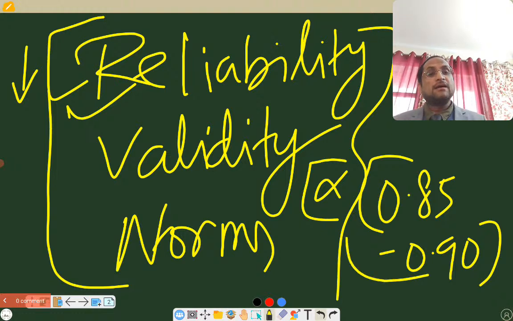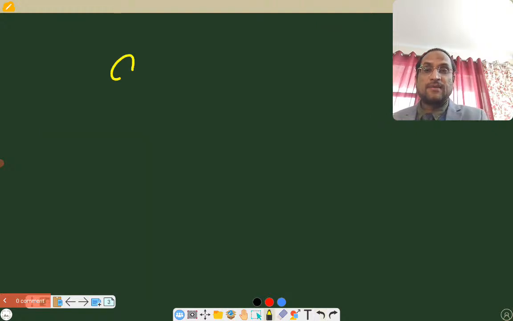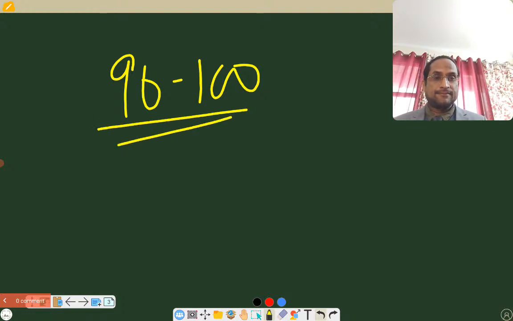If in a test a group of subjects end up scoring 100 marks, in the same test or a similar test later on, they should end up scoring around 100, or from the range of 90 to 100. This is the meaning here.